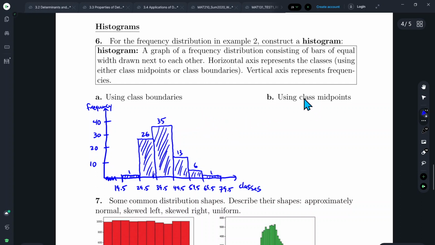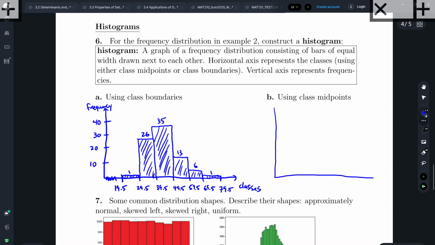So sometimes we also want to draw the histogram using the class midpoint. So this would be exactly the same, except we label the x-axis slightly differently, right? So the class midpoint, so again we have to skip some values. So the first one was 24.5, then 34.5, then 44.5, then 54.5, 64.5, and then 74.5.